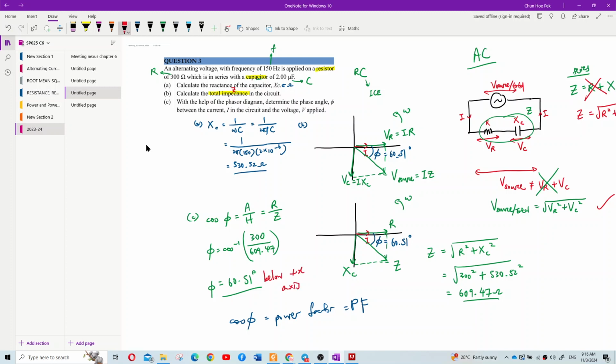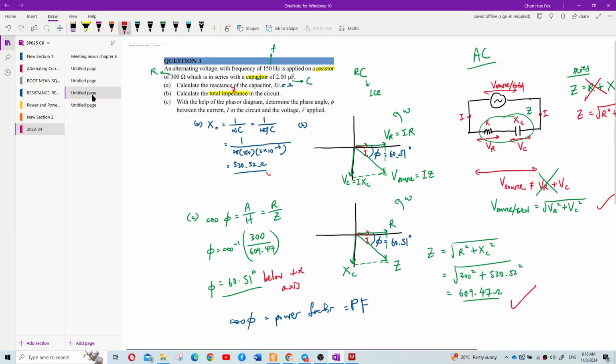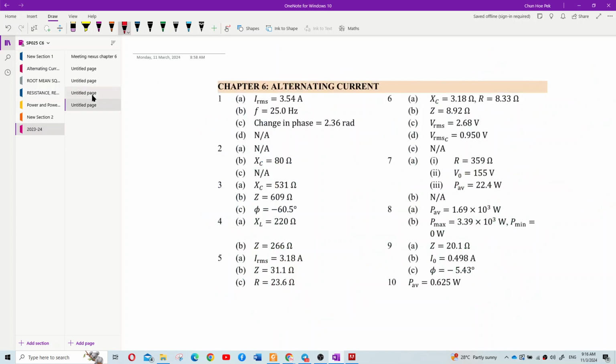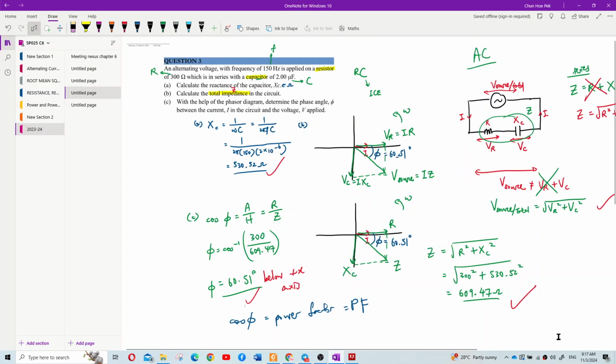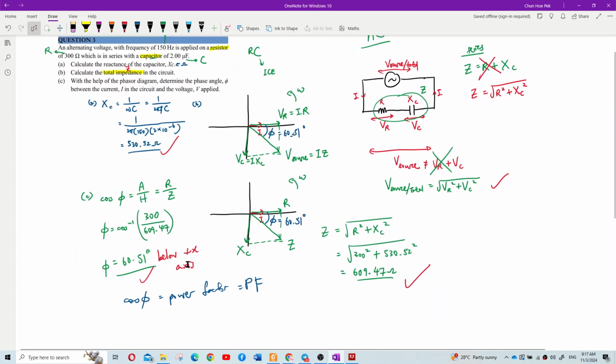Okay, 609 is correct. And then 531, 609, 60.5. Correct lah. Yeah, but you must write below positive axis.